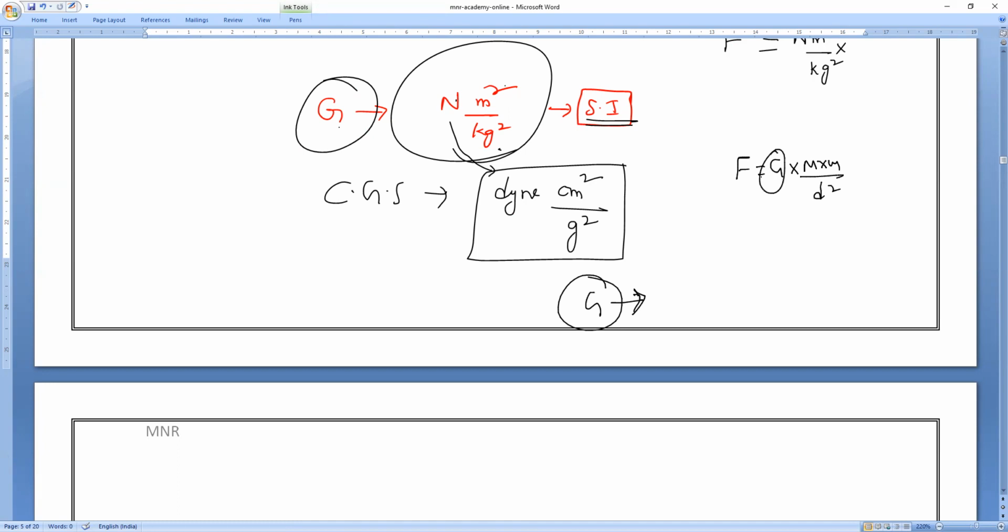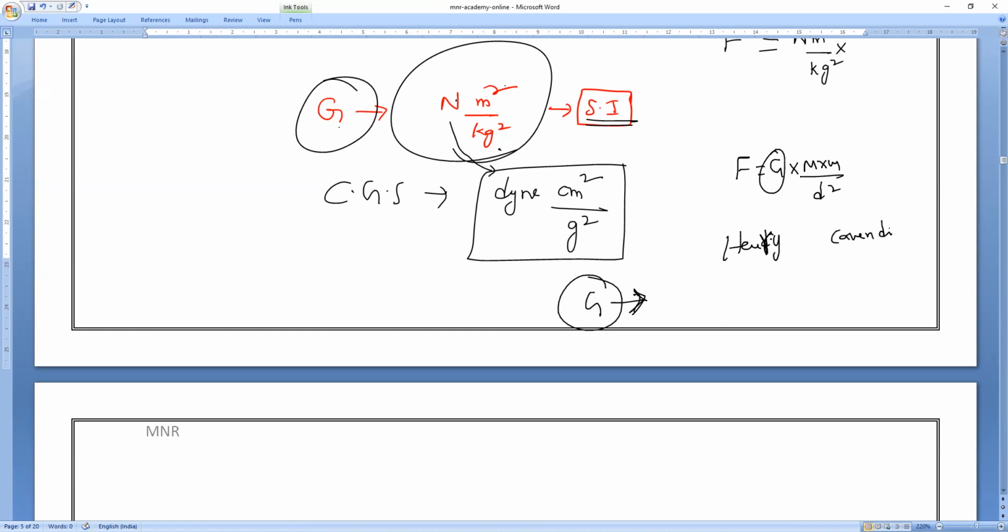After 100 years of this discovery, the G value was found by Mr. Henry Cavendish, a British scientist. Some books say 40 years, some say 100, but actually it is 100 years.